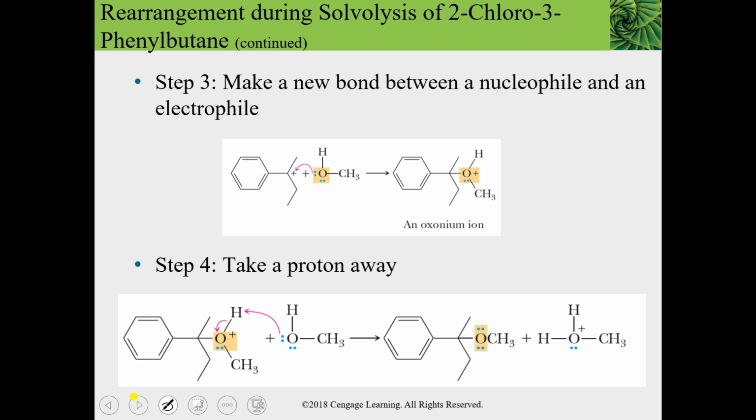Once I get that tertiary carbocation intermediate, now the methanol can come in, attack the carbocation, and attack at carbon 3. The last step is to deprotonate the methanol. So another methanol will come in, attack that hydrogen, and pull it off, leaving your final product of those two things right there.